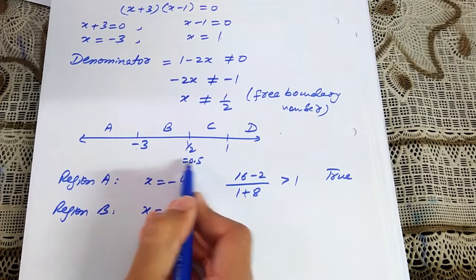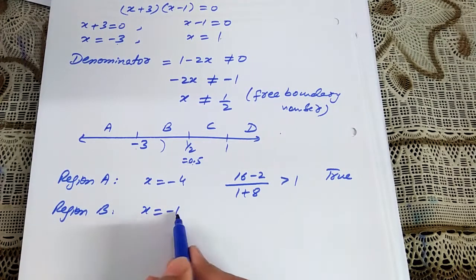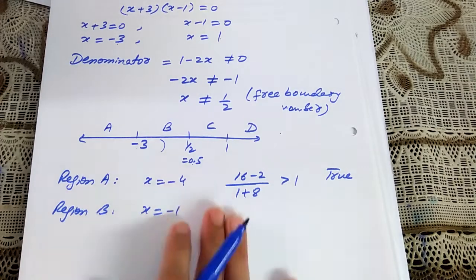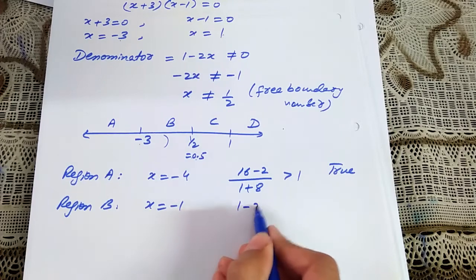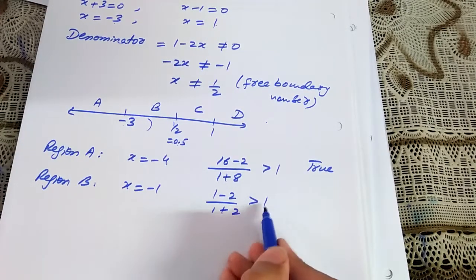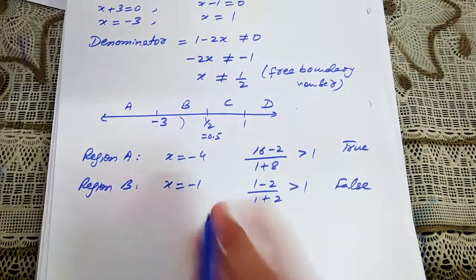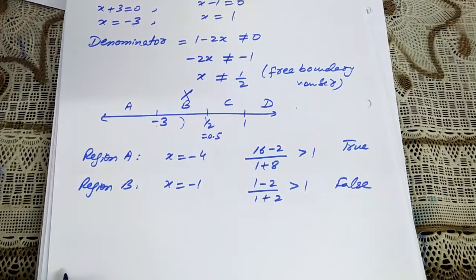Between -3 and 0.5, take any value. I took x = -1, put in the main inequality, we'll get here 1 - 2 over 1 + 2 greater than 1. That will give us the false answer. Now it means this region is not included.